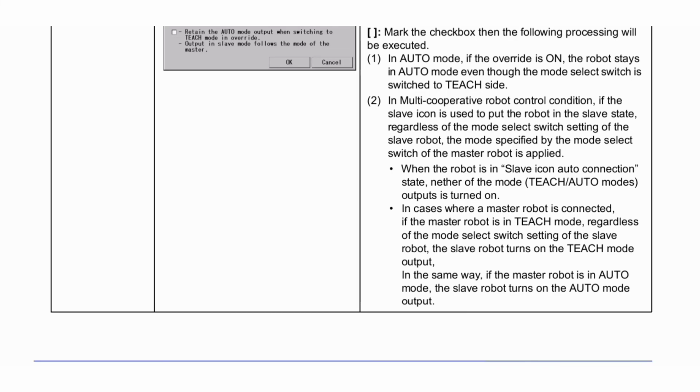When the robot is in slave icon auto connection state, neither of the teach or auto mode outputs is turned on. In cases where a master robot is connected, if the master robot is in teach mode, regardless of the mode select switch setting of the slave robot, the slave robot turns on the teach mode output. In the same way, if the master robot is in auto mode, the slave robot turns on the auto mode output.